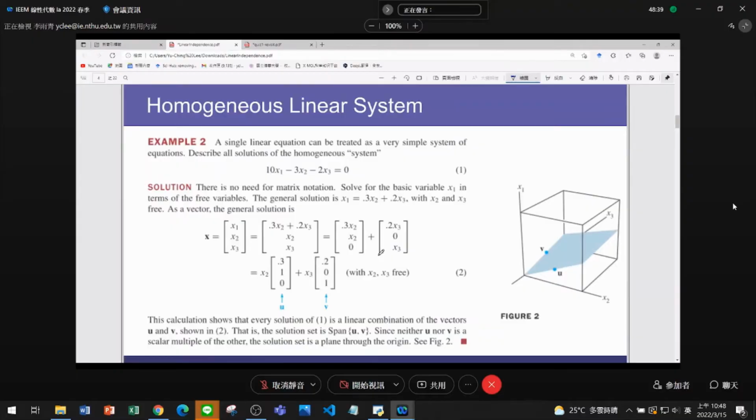It can be treated as a very simple system of equations. We do not have simultaneous equations. Instead, we only have one equation. And then the example asks us to describe all solutions of the homogeneous system.